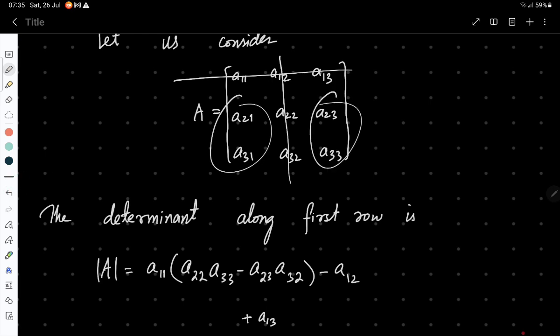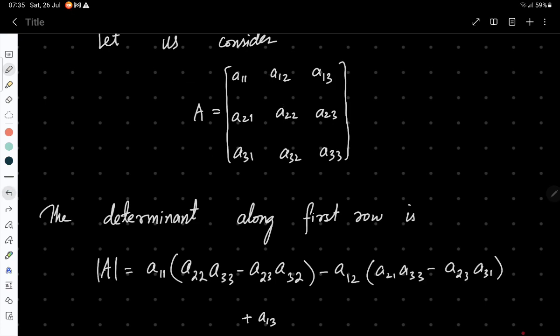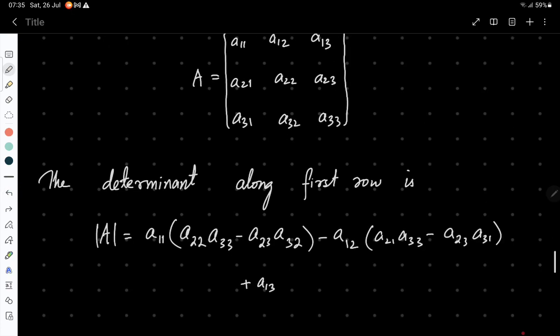So I have to write the determinant formed by this matrix, A21, A33 and A31, A23. Okay, so I have written A21, A33, you can check here, and minus A23, A31, you can check here.